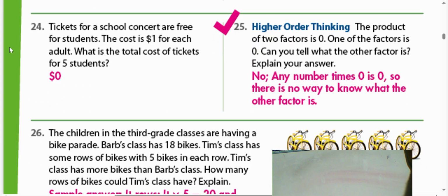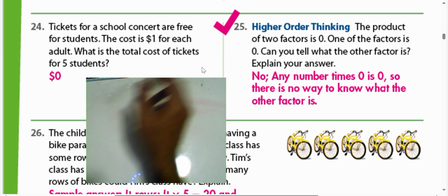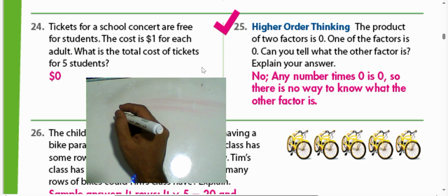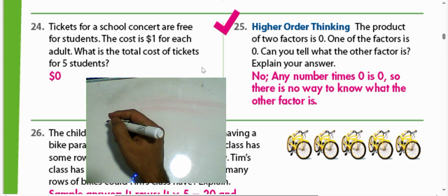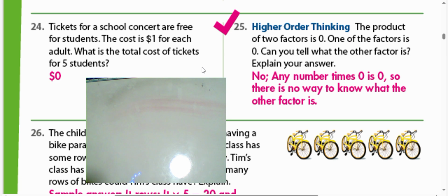Question 24. Tickets for school are free for students. The cost is $1 for each adult. What is the total cost of tickets for 5 students? So the result will be what? It says the cost is $1 for each adult. What is the total cost of the tickets for 5 students? It was free.